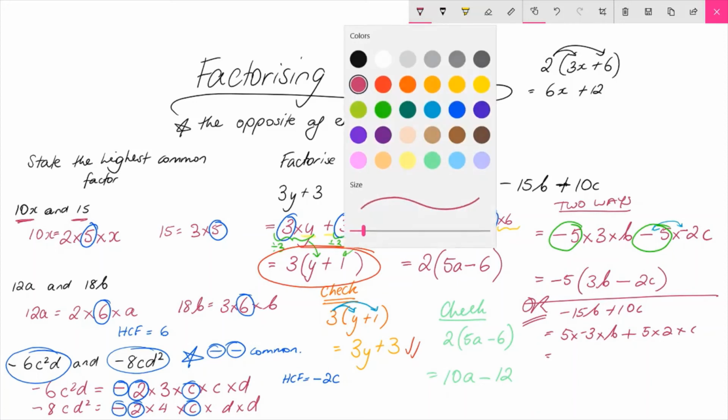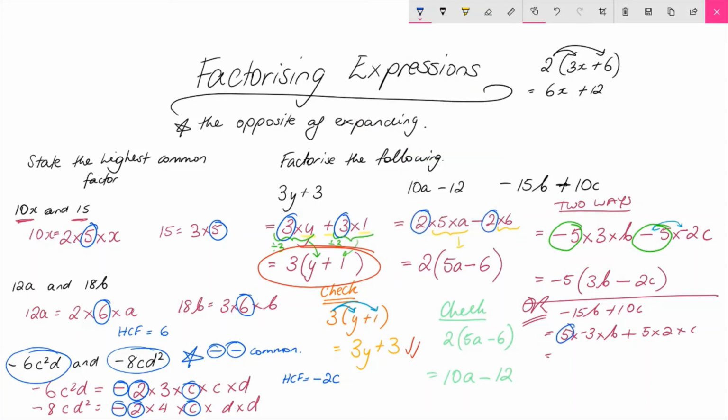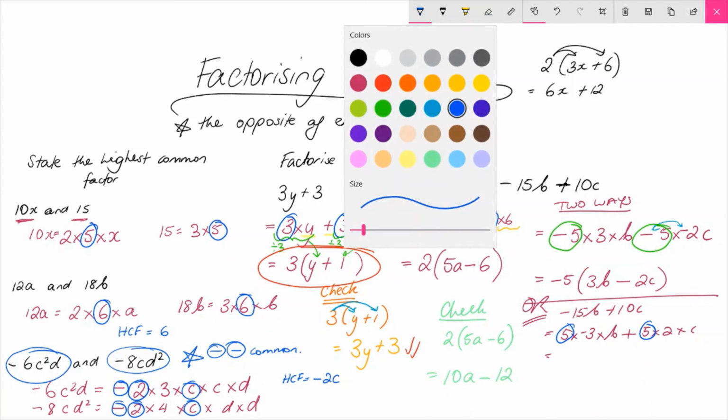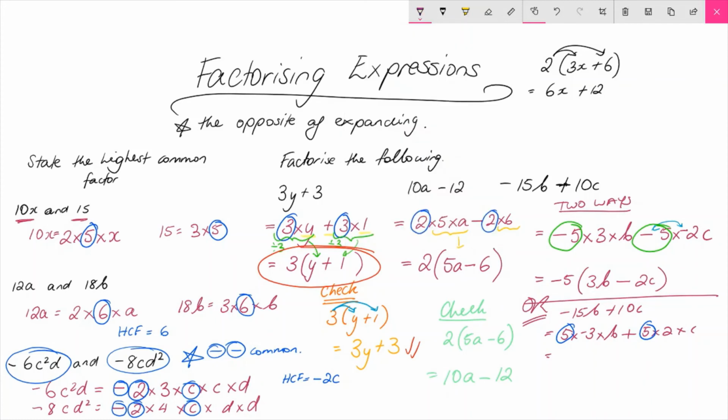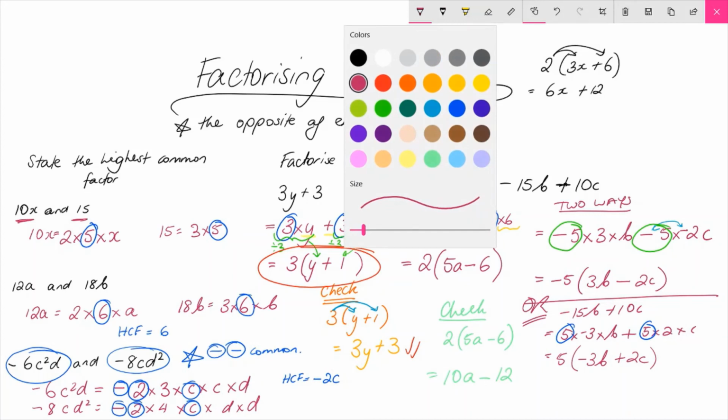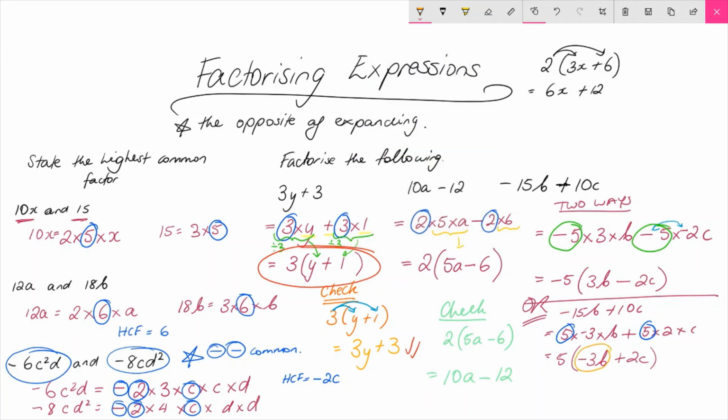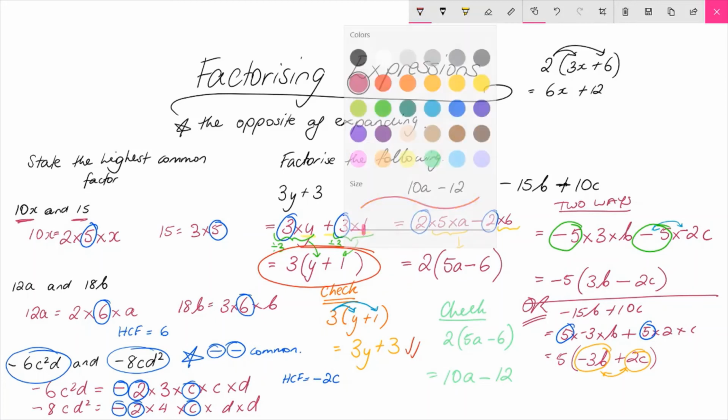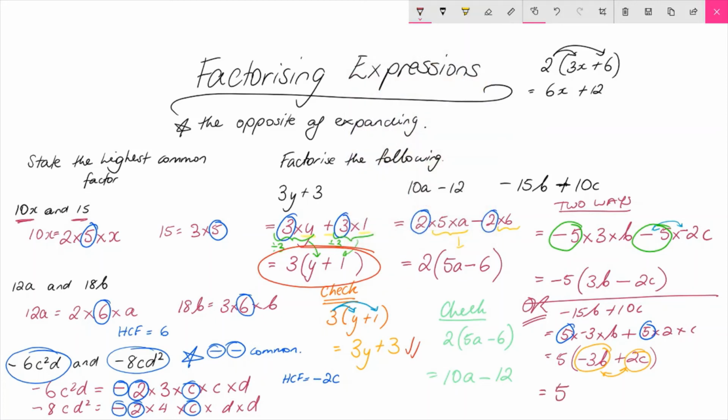So if we look at what's common, only the positive 5 is common in this case. And so we put that out the front, and the leftover bits would be negative 3b plus 2c. Now remember from last term, when we talked about terms, it's nicer to put subtraction terms after addition terms. So I can switch these two around.